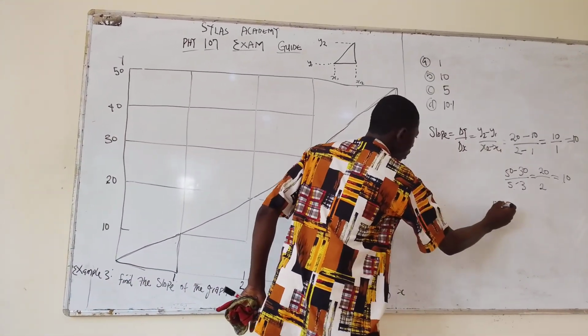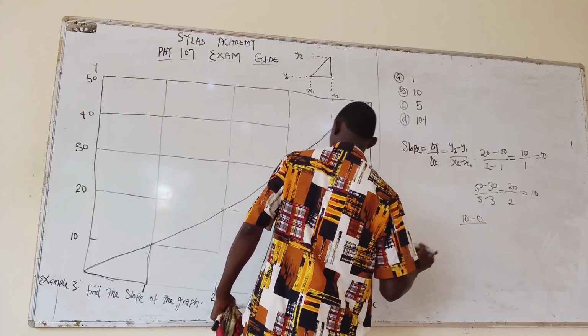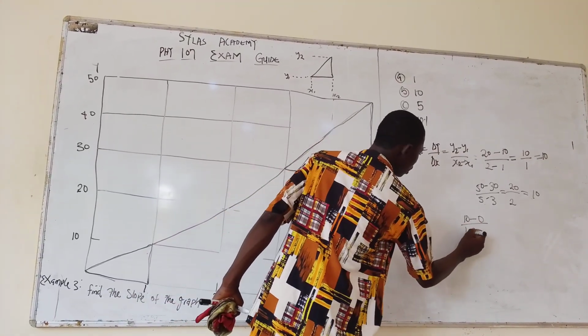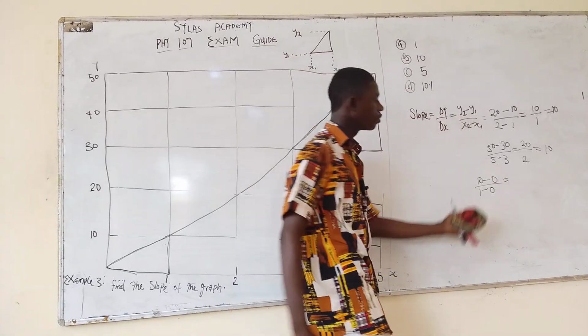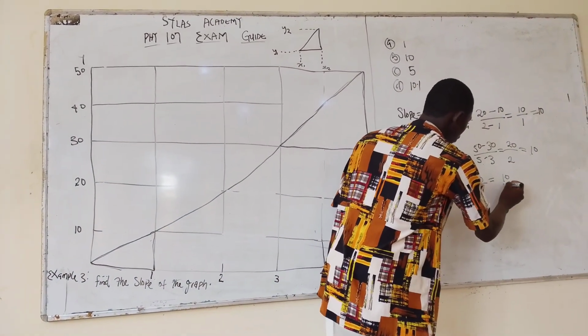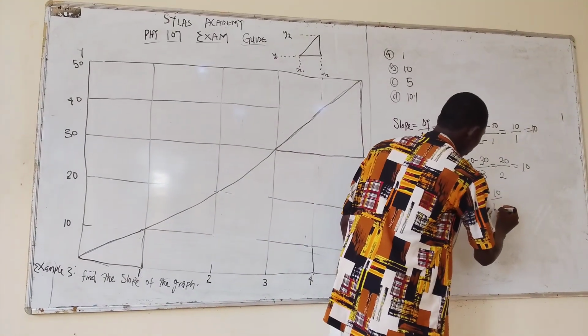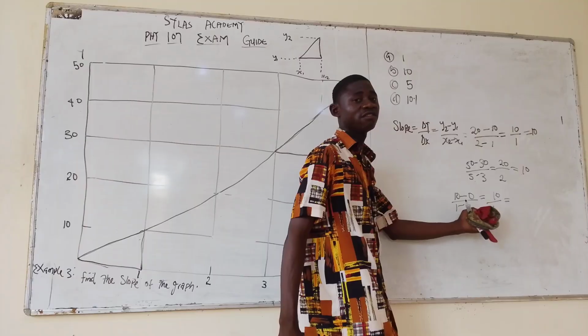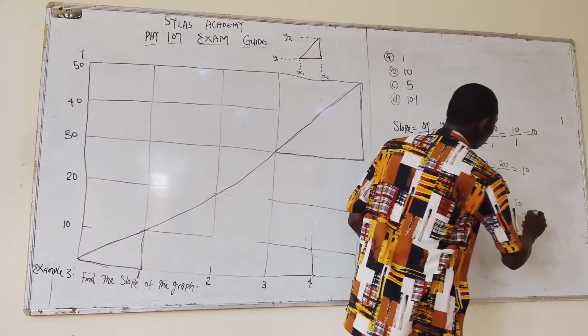Are you following now? 10 minus 0 over 1 minus 0. 10 minus 0 will give you 10, over 1 minus 0 will give you 1. Now, 10 divided by 1 will give you 10. That is to show that the answer will become 10.